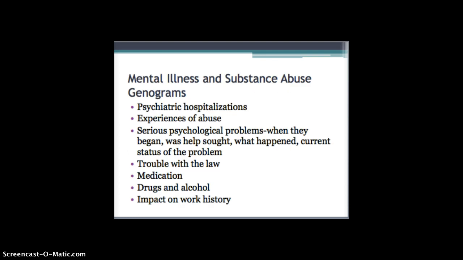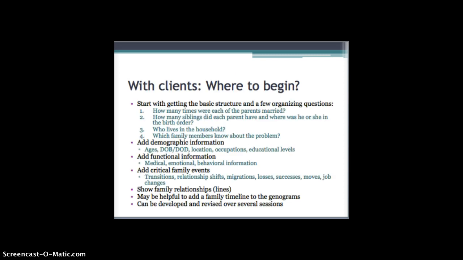So a spiritual genogram can be a helpful tool. Mental illness, and as I mentioned a minute ago, substance abuse, trouble with the law, work history, all of these things are really helpful.